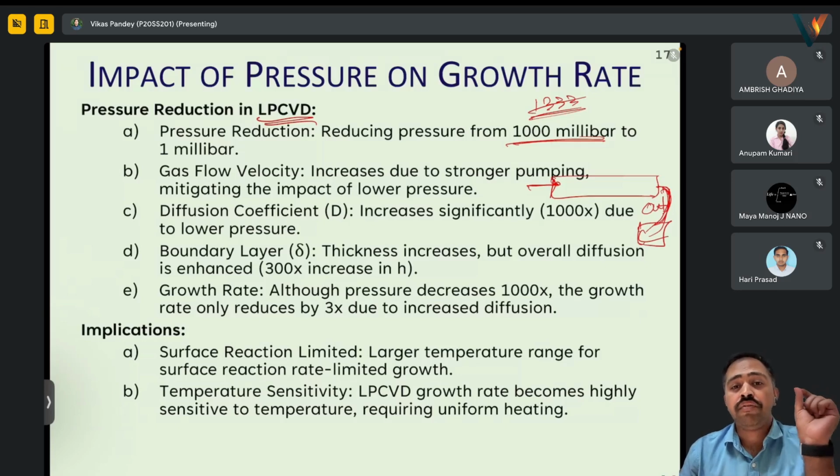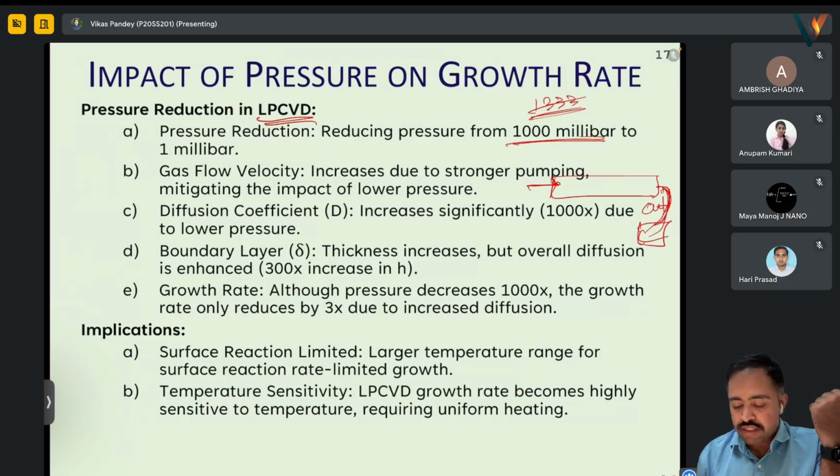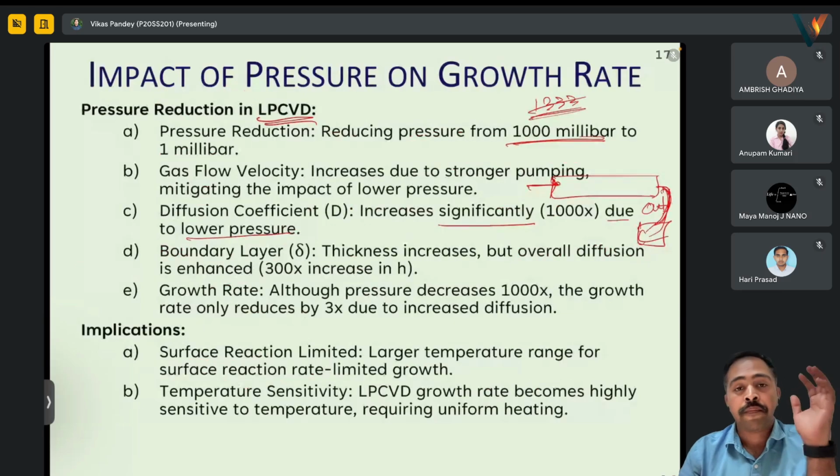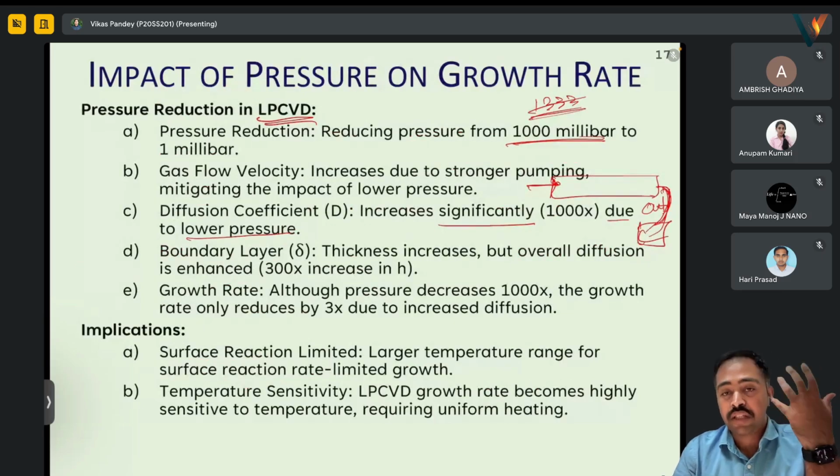As such, the diffusion coefficient, D, will increase significantly due to the low pressure. The rate at which this diffusion was taking place will increase.